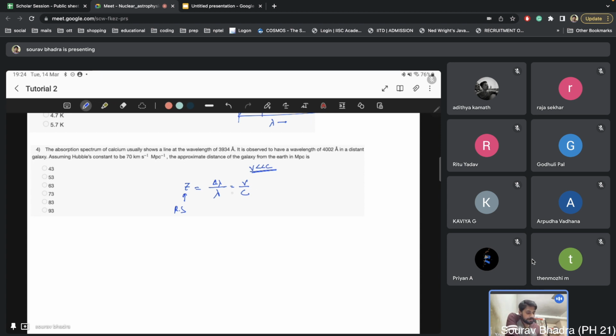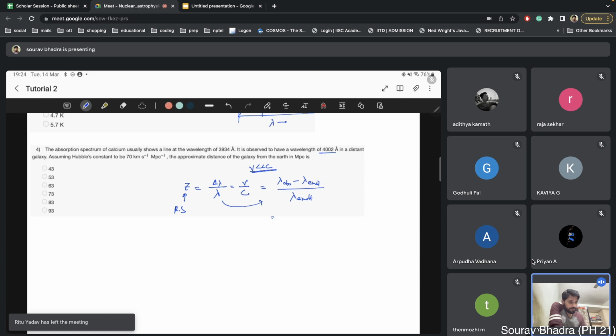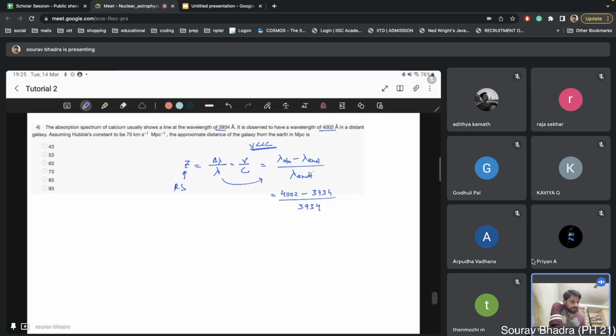So delta lambda by lambda means lambda observed minus lambda emitted, by lambda emitted. Now lambda observed is given as 4002 minus lambda emitted 3934, divided by 3934. Lambda emitted means the rest frame lambda, which is measured in the laboratory.